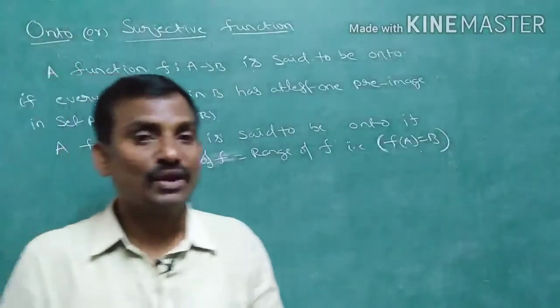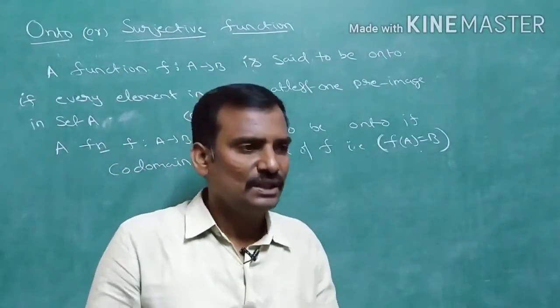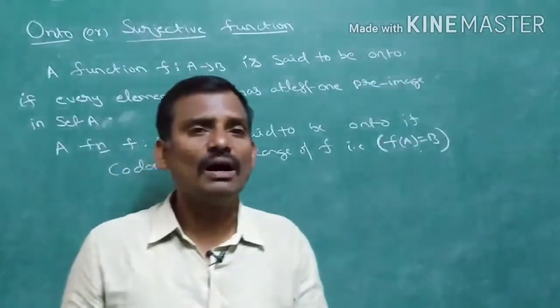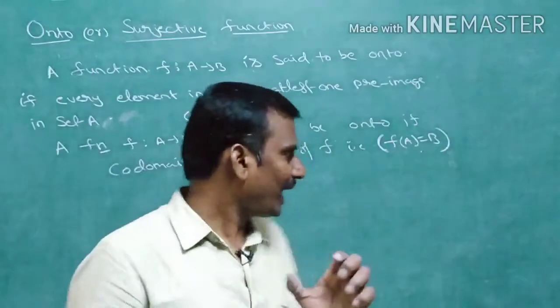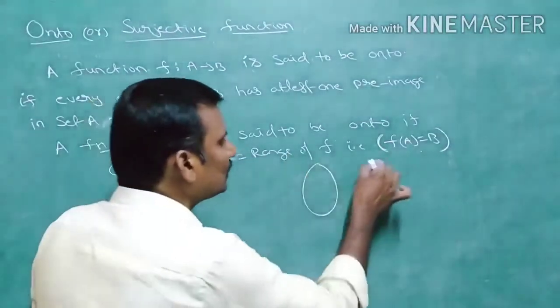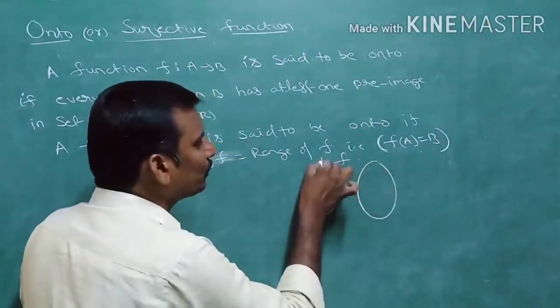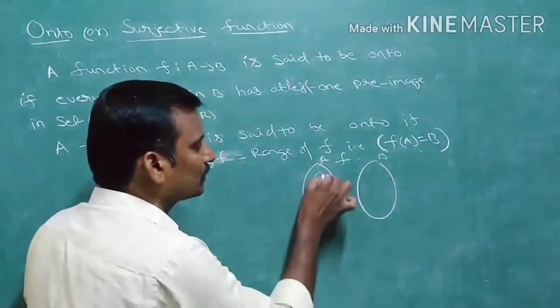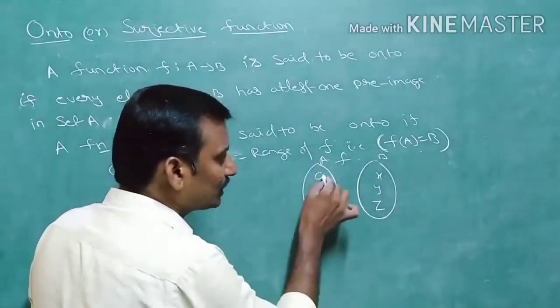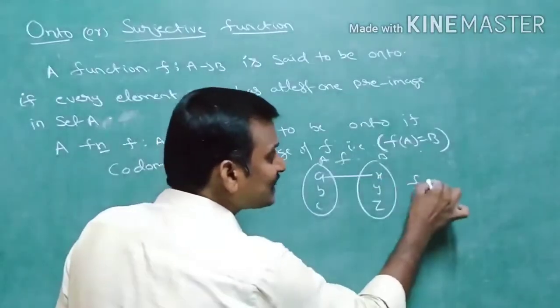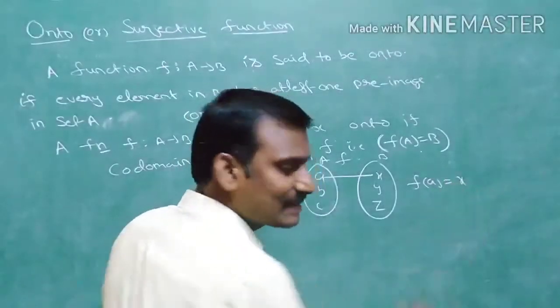Next definition, onto function, or surjective function. The definition of onto function is, first of all, take a function f from A to B, with A, B, C and x, y, z. If A is mapped to x, that is f(a) equals x.